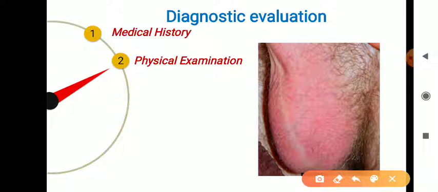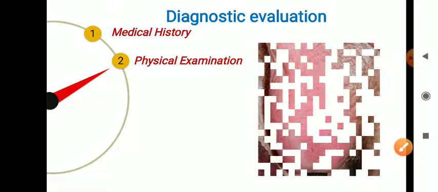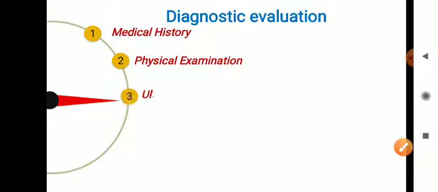And erythematous scrotal skin will be seen, as in the picture you can see, this is the erythematous scrotal skin, and edematous scrotal skin will also be there. You can see in the picture, this scrotum has been swollen or edematous. So these are all findings we will see in the physical examination of a patient with orchitis.